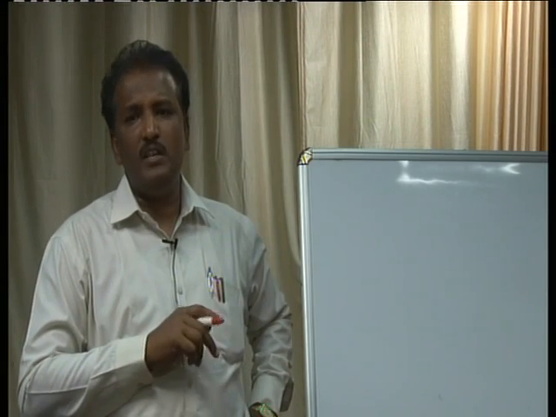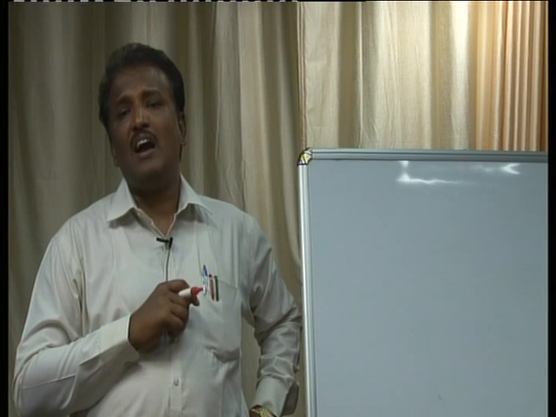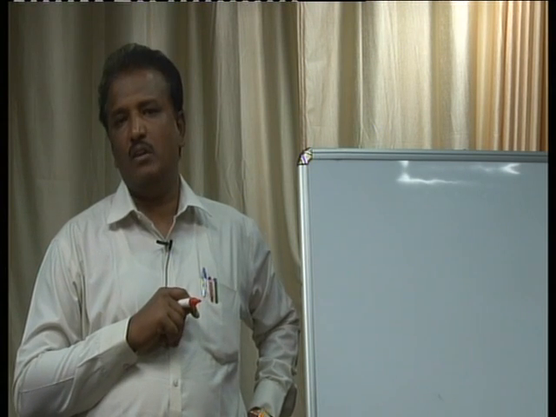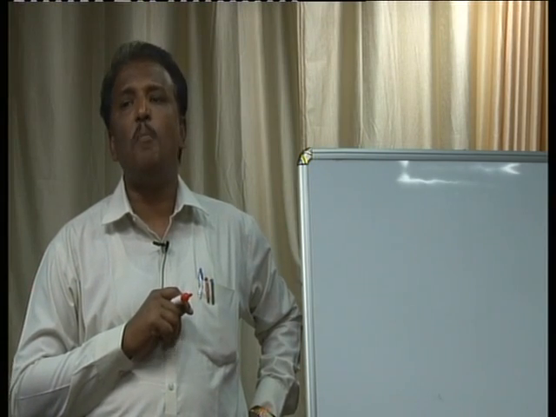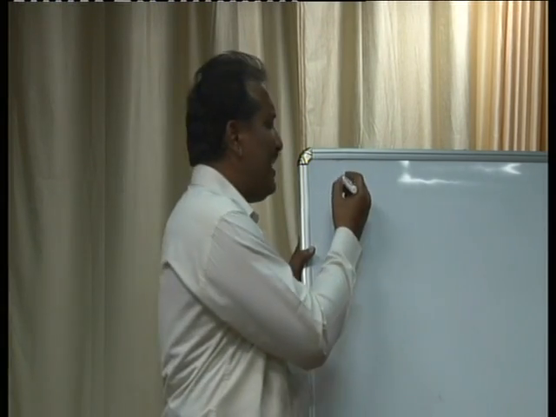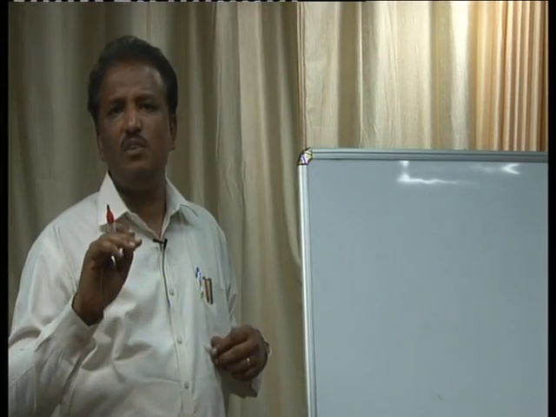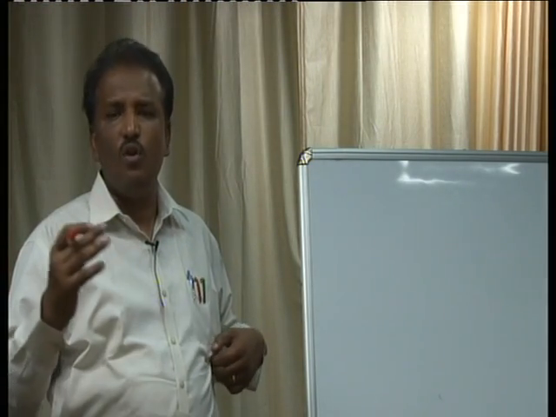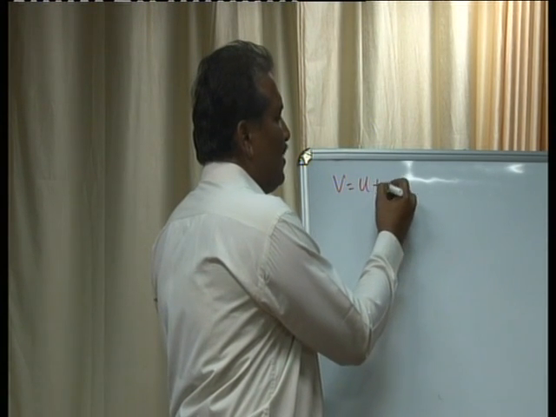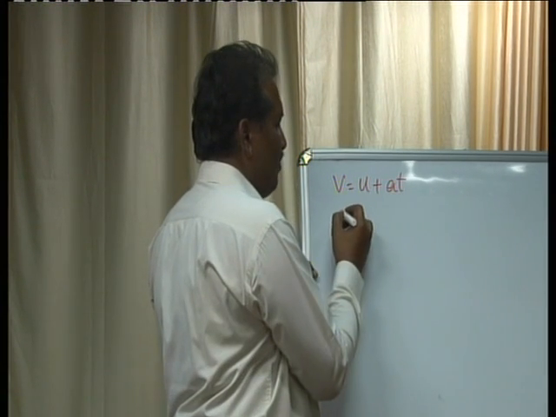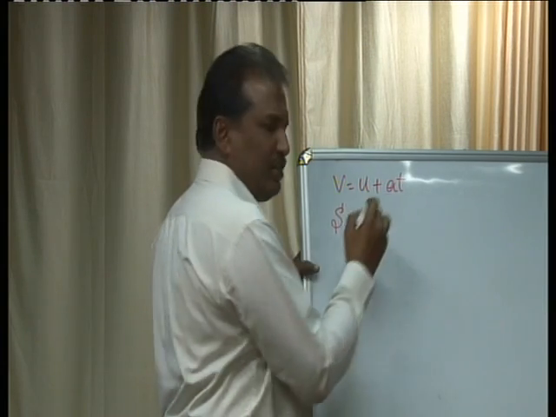One more concept: while checking the correctness of the given equation, if the given equation is in the form of a composite function, I mean the right hand side of the equation is in the form of a sum or difference of two or more functions, like v is equal to u plus at. This may be very familiar to you from the equations of motion.